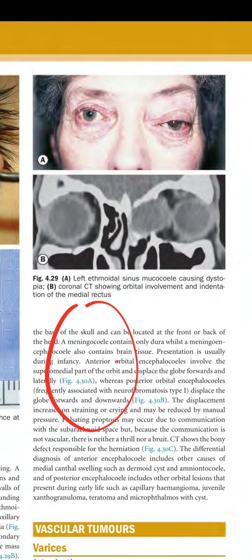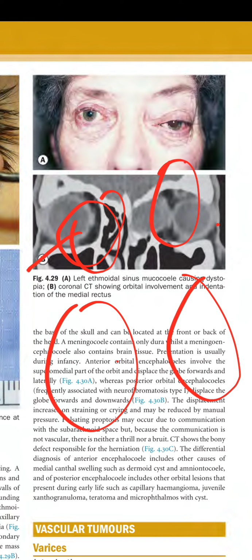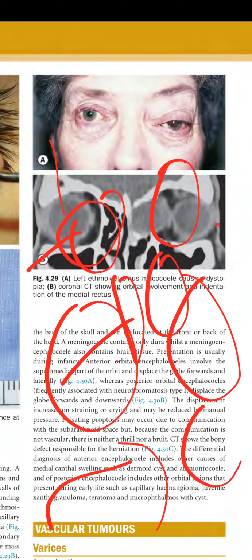So, what is basically a mucocele? You know that this is the eye, and we have the frontal sinus above the eyes. On the side there are the ethmoid sinuses, and below the eye is the maxillary sinus. So mucocele is basically when the drainage of the paranasal sinuses is blocked, so there is accumulated secretion, which causes a mass formation.